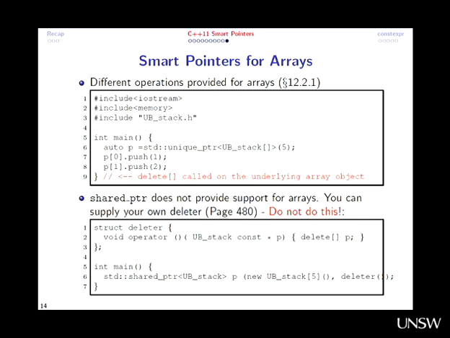Shared pointers do not support arrays by default. So you cannot have shared ownership over a dynamic array. You shouldn't be using arrays anyway. You should be using vectors or some other object, okay? But if you wanted to use a dynamic array, you can create a unique pointer over it. You cannot create a shared pointer over it by default.